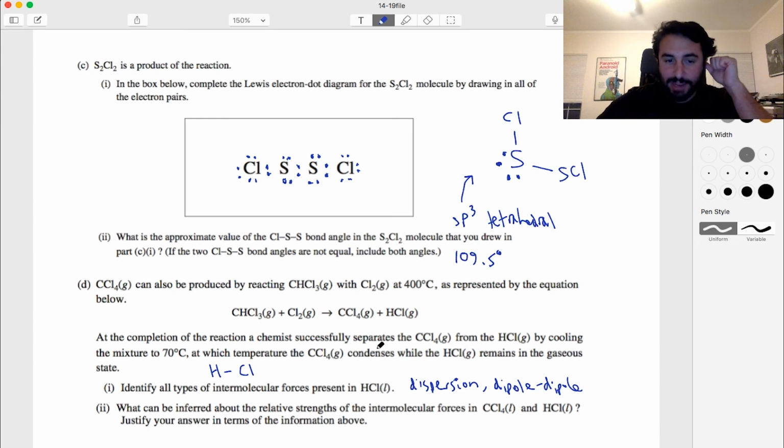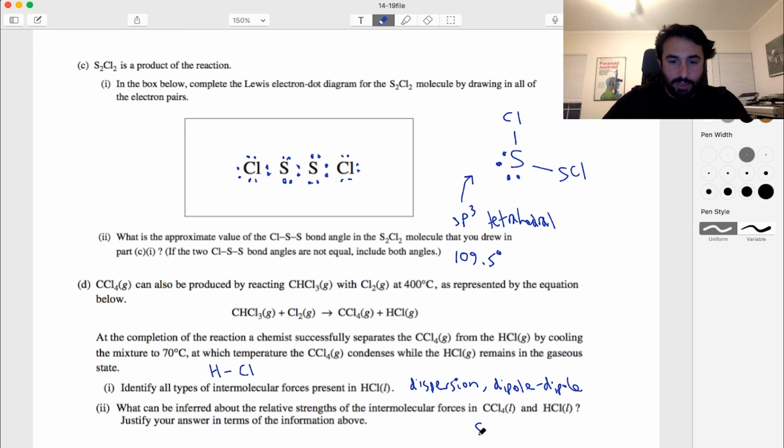So dispersion and dipole-dipole. And then, what can be inferred about the relative strengths of the intermolecular forces in CCl4 versus HCl? Justify your answer in terms of the information above. So certainly CCl4 must have stronger intermolecular forces.